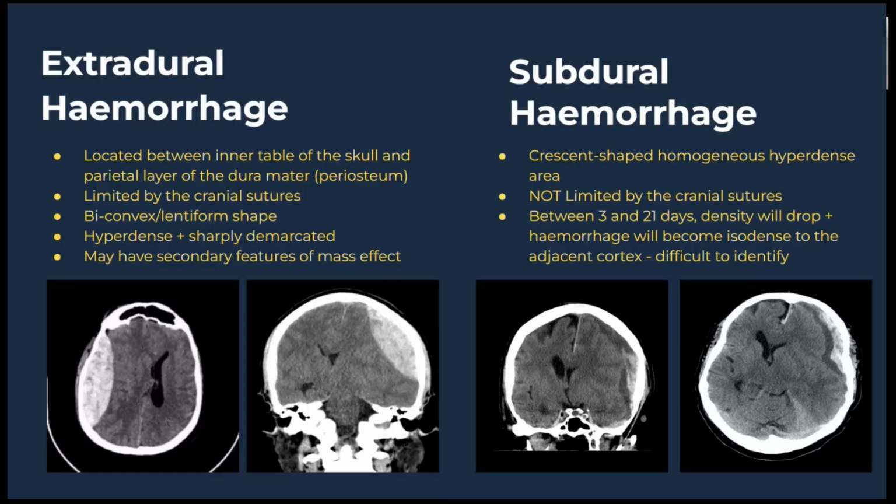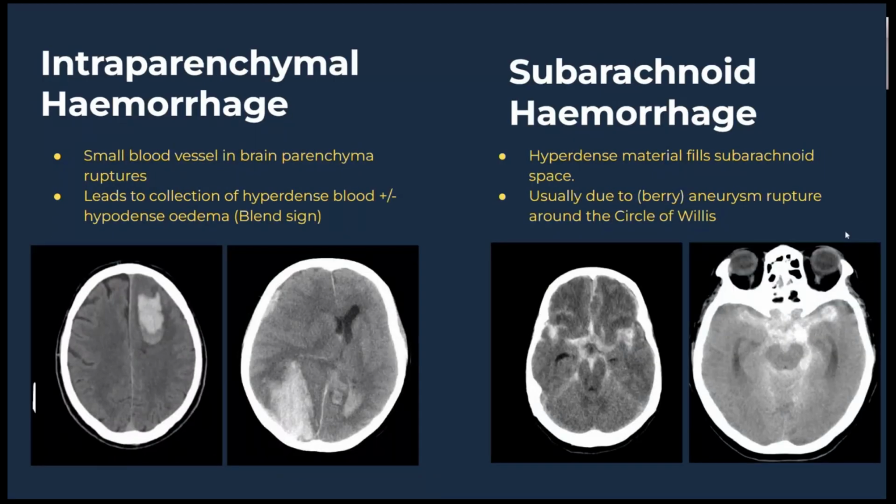Something that you'll see on both of these is a mass effect, and you'll see the falx cerebri, as you can see in the third image from the left, shifts because of the midline shift pattern. So in terms of imaging with intraparenchymal hematomas, you can often describe them as an irregular shaped density.